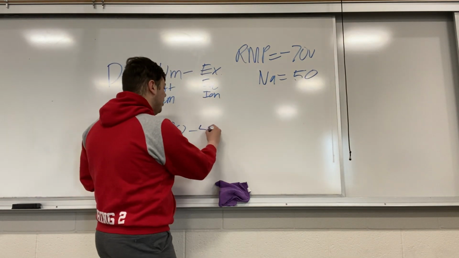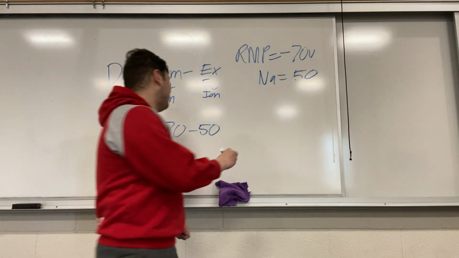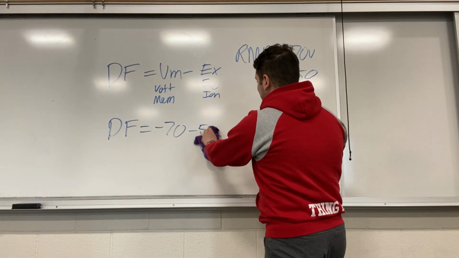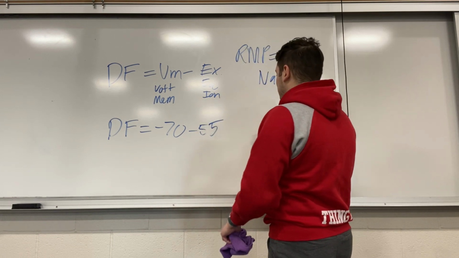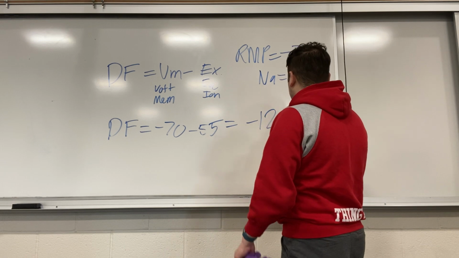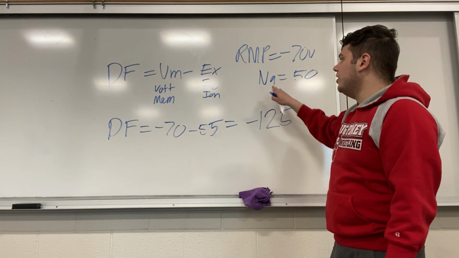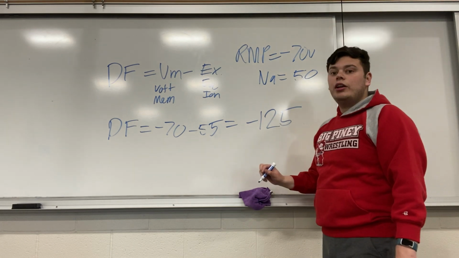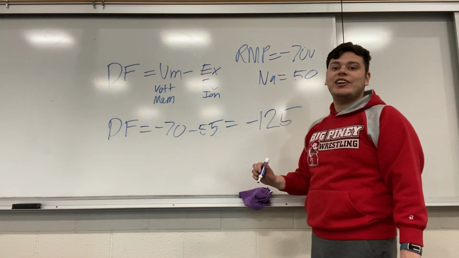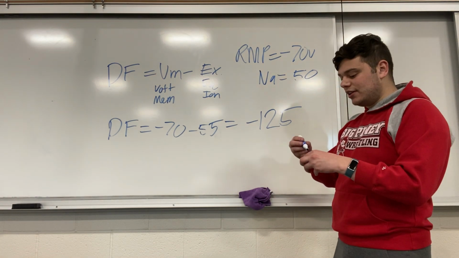So that's going to equal negative 70 minus 50, which is negative 120, or, as stated, negative 125. So negative 125 is the driving force of Na. And this driving force, with it being 125, symbolizes that this really wants to go inside the cell or really wants to go outside of the cell.